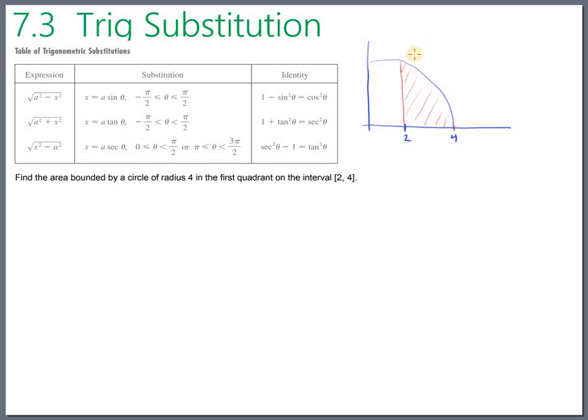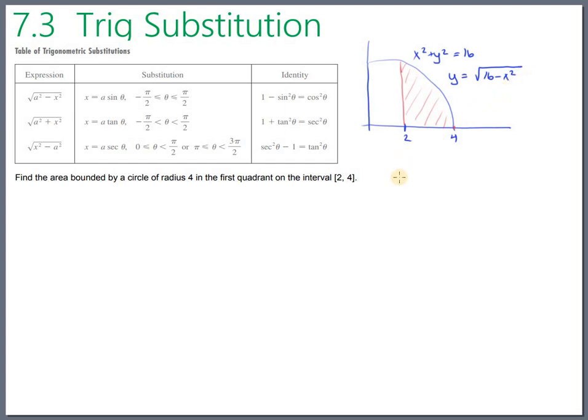And the equation of a circle, just in case you don't remember, is x squared plus y squared equals r squared. And we are probably going to want this solved for y, because our integral is going to be a dx integral. So y is the square root of 16 minus x squared.